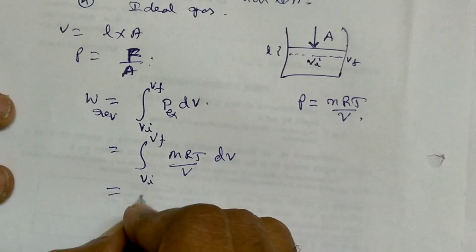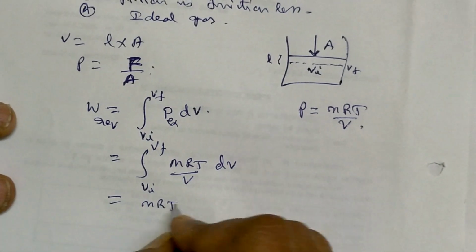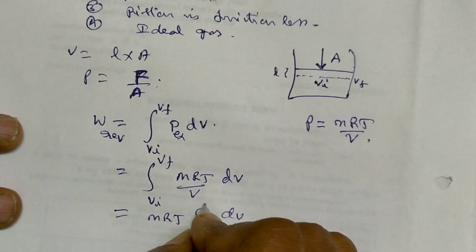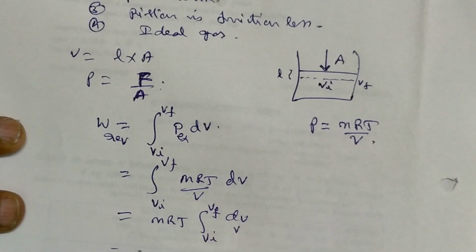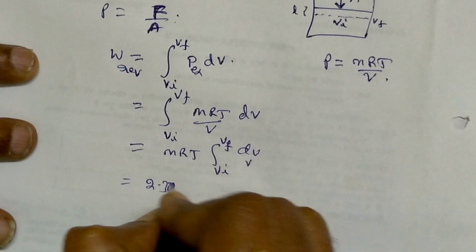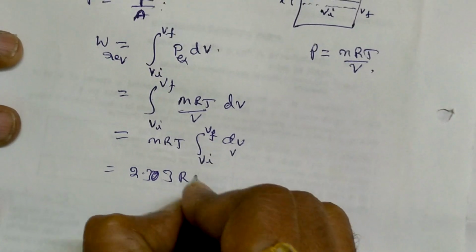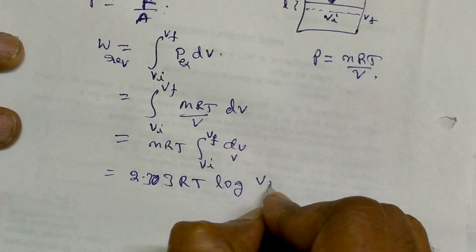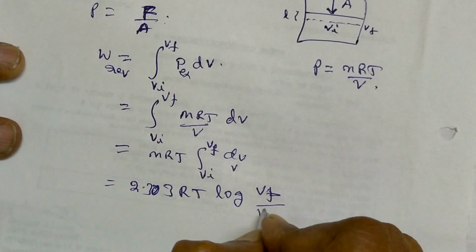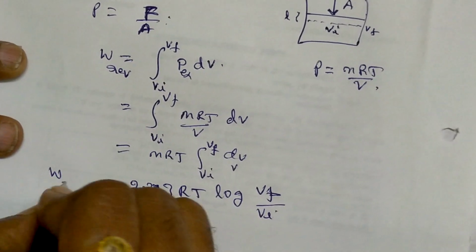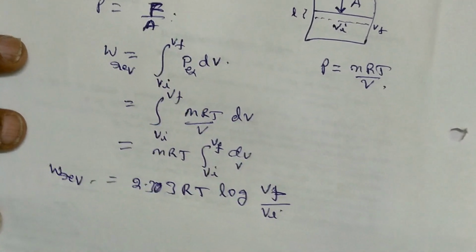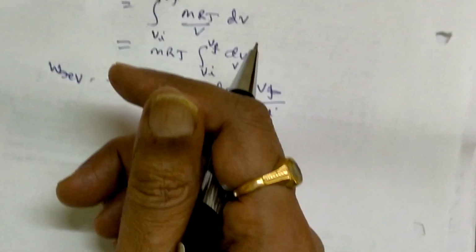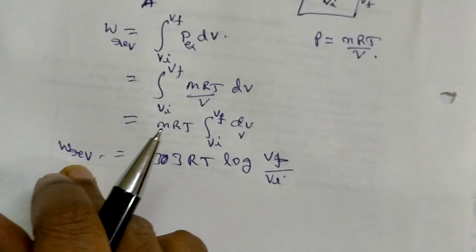Nothing but nRT I am taking out, integral of dV by V from Vi to V final, equal to 2.303 nRT log, this is log base 10, of V2 by V1, or Vf by V initial. That is the reversible work. So this is the equation that we normally use for mechanical work for a reversible process.